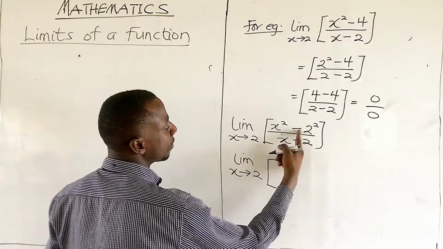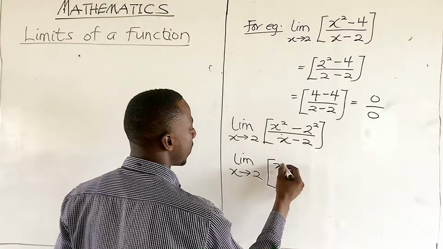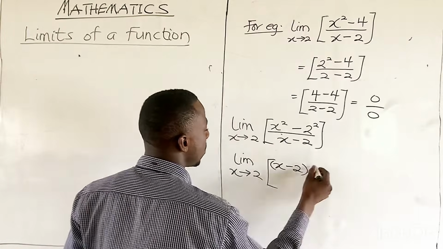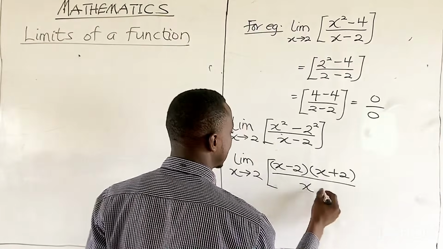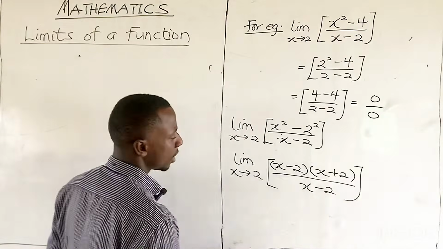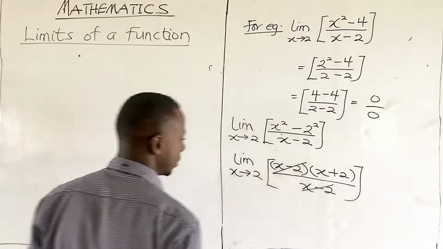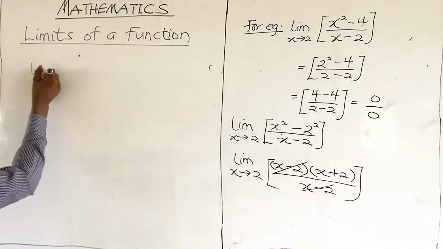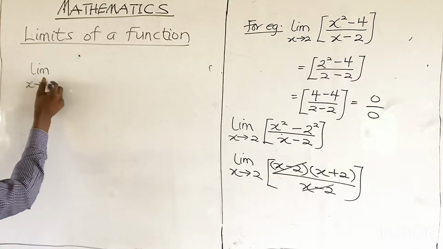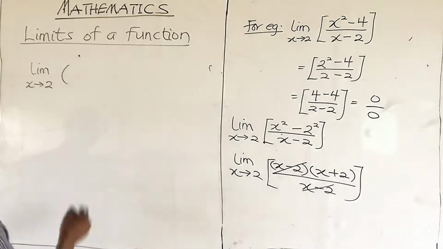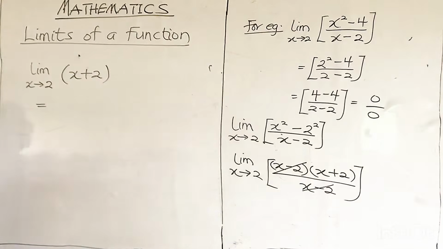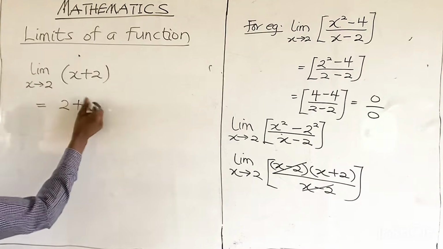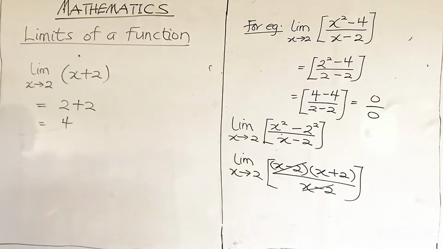This is also a difference of 2 squares, so we have (x minus 2) multiplying (x plus 2) all over x minus 2. So this will cancel this. It is going to be left with the limit as x approaches 2 of (x plus 2). So at this point, we can substitute the 2 here, to have 2 plus 2, and the answer is 4.